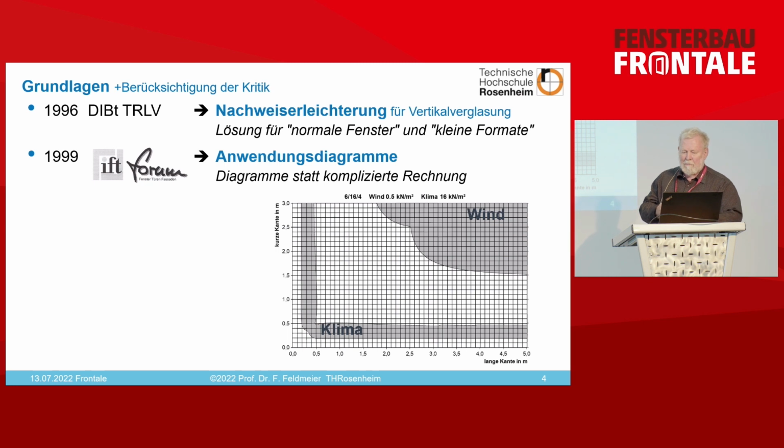And of course, the Institute for Window Technology published some application protocols that actually looked like they do now. So it's the same or similar diagrams that I would like to introduce today. With that, these complicated calculations should be avoided. Everything that is bright in here is allowed, everything that is dark is forbidden.